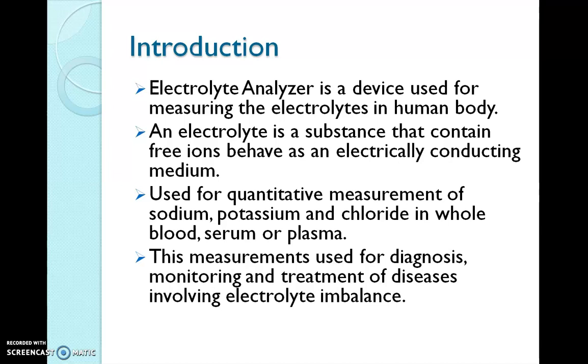Serum is used in numerous diagnostic tests as well as to find the types of blood in the human body. After doing these measurements, the results are used for diagnosis, monitoring and treatment of diseases involving electrolyte imbalance.